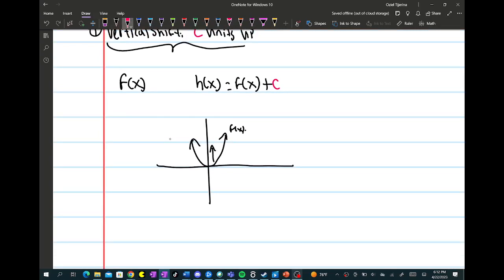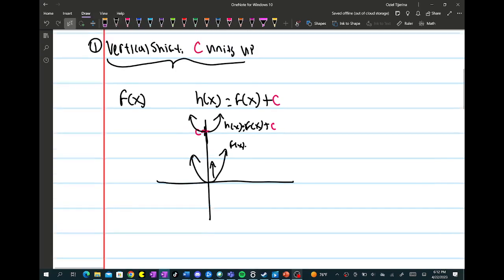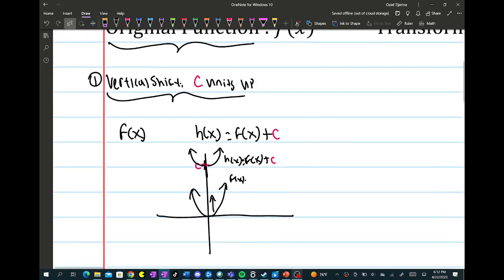So let's say that c is right here. And this would be my transformed function h of x, which would be f of x plus c, because it went up c units. That is what I mean by vertical shift, okay?